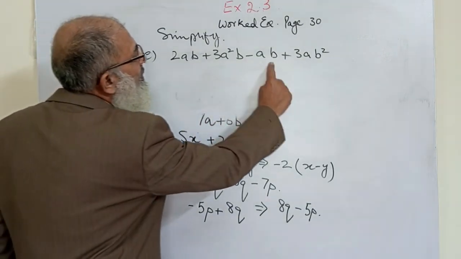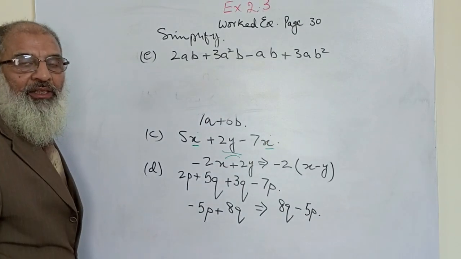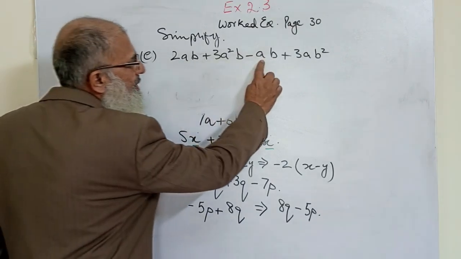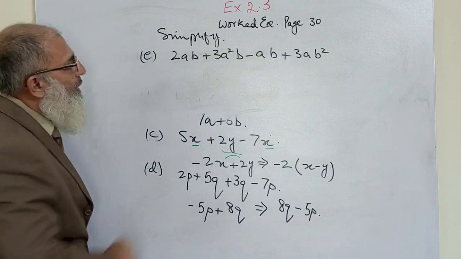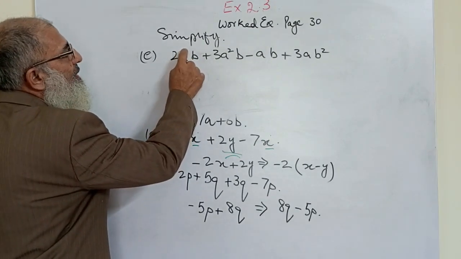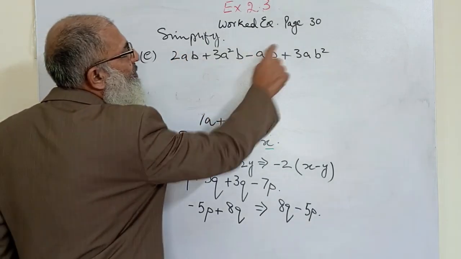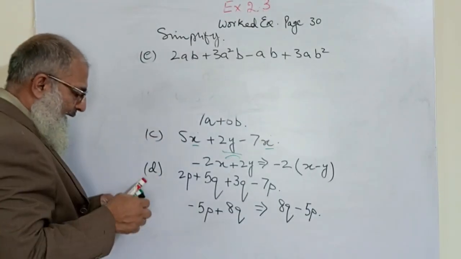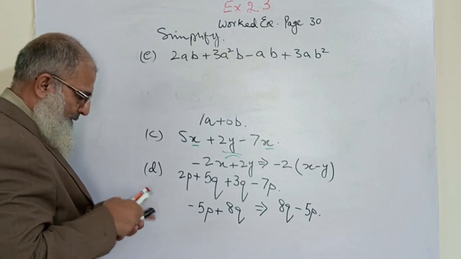So this can serve our purpose because this is ab, this is also ab. Indices are 1 and 1. So this can be added or subtracted with this.